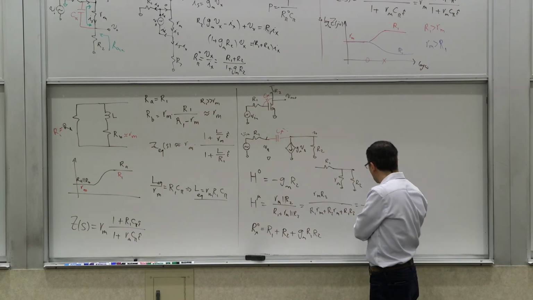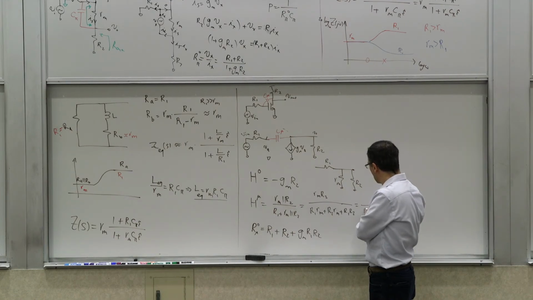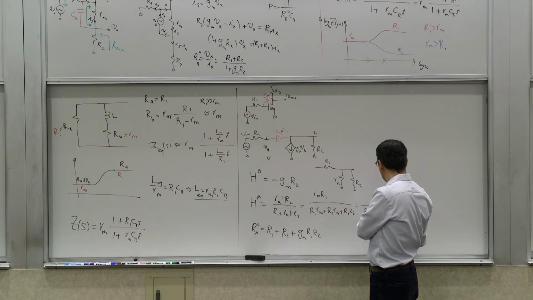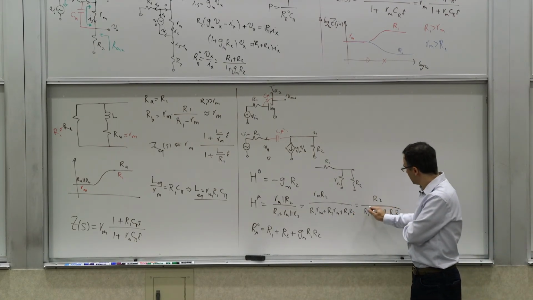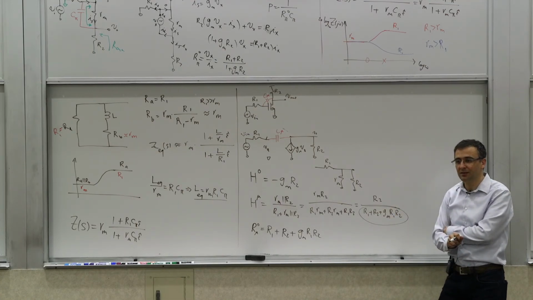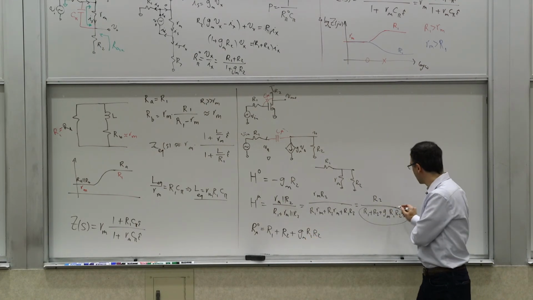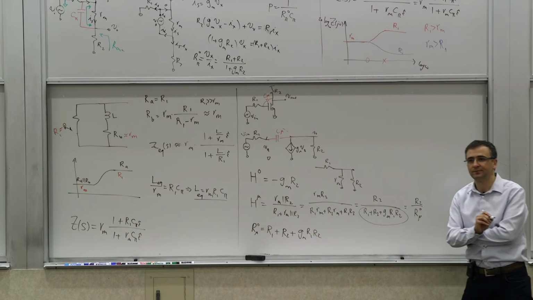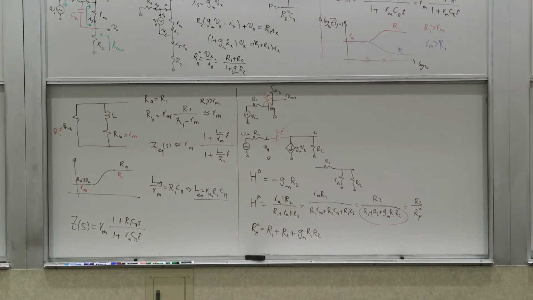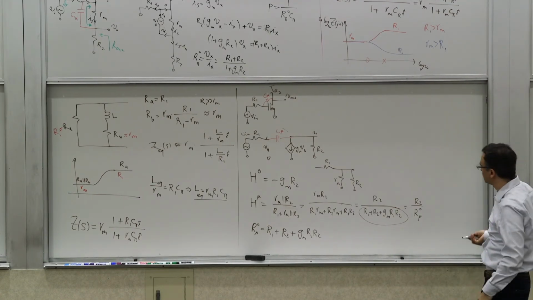You get R2 over R1 plus R2 plus gm R1 R2, right? Now, do you recognize this denominator? It's that thing, right? So we can simplify this as R2 over R mu 0. These are just simplifications of algebra.